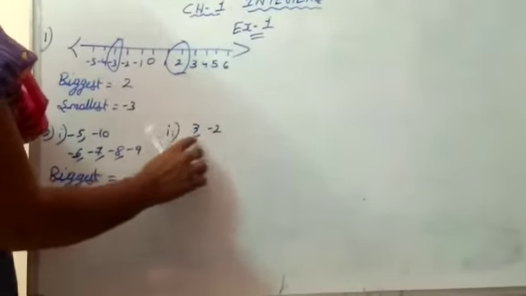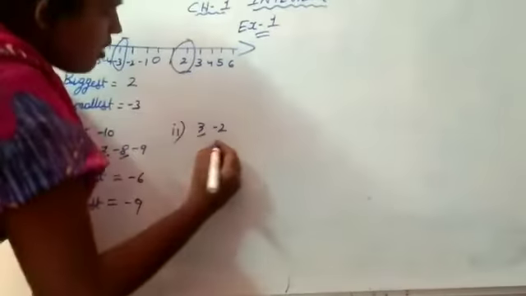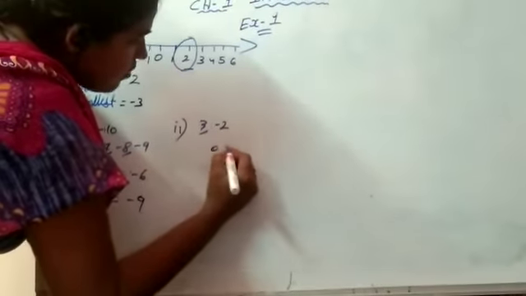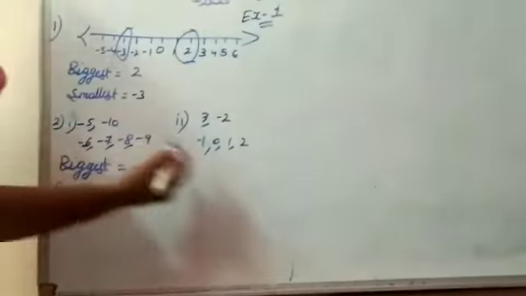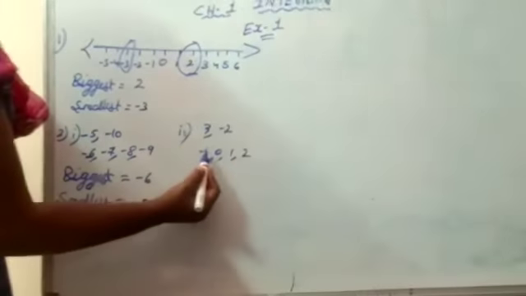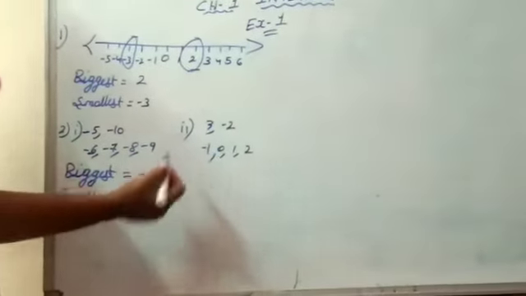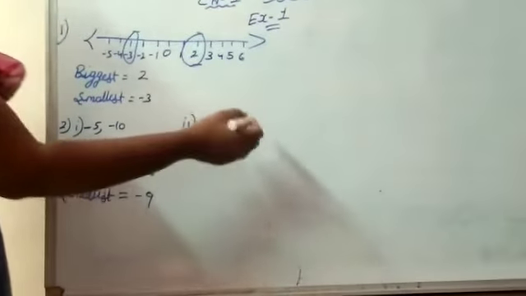Now the second sum: 3 and -2. You need to write the integers between these two. Now 0, 1, 2 and -1. -1, 0, 1, 2 and 3 you will get, and -1, -2 on the left side you will get. These are the numbers which will lie between these two numbers.